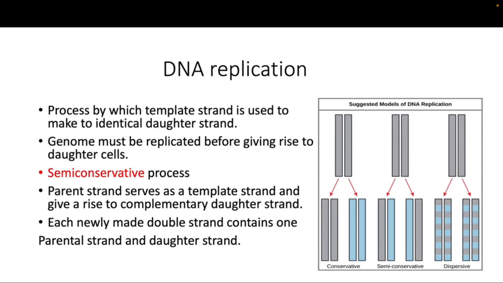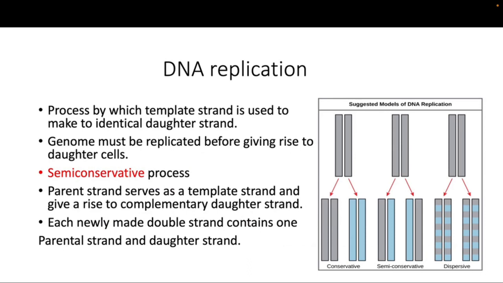There were different models proposed back then, about three models suggesting how DNA replication occurs. One was the conservative model, which suggests that the new strand that is made does not have any parental strand.